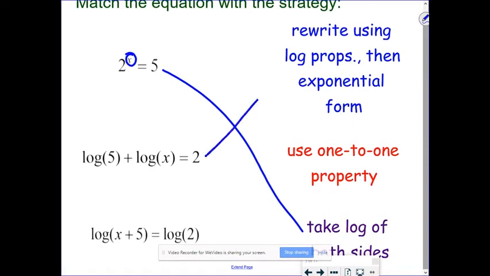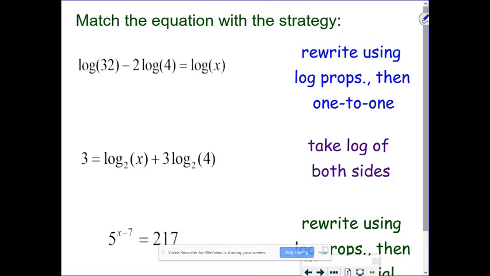If I look at the second one, I'd probably put those together, get it log 5x, and then use exponential form. And the last one is log equals log, so that's 1 to 1. In the next one here, looks like I'm going to move the 2 up, and it's subtraction, so that's dividing here. Those are properties that I'm going to use.